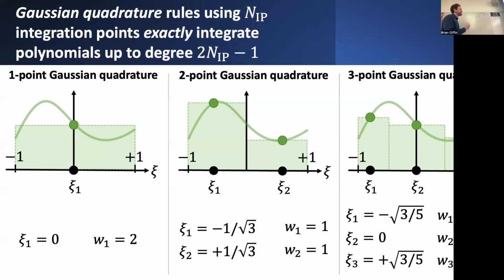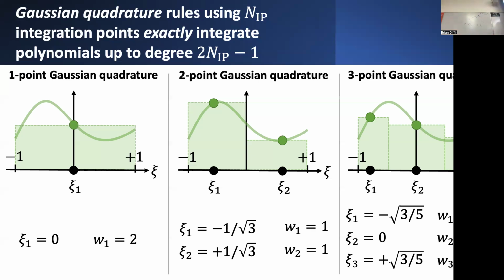In this case, it would be 2 times 2 points minus 1, or 3. So I could theoretically integrate any cubic polynomial exactly just by evaluating that cubic polynomial at these two carefully chosen integration points. That's incredibly powerful. And it obviously generalizes to 3-point Gaussian quadrature, 4 points, 5 points, as high as you like.